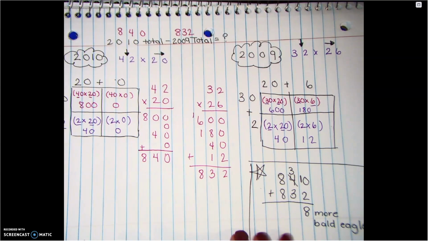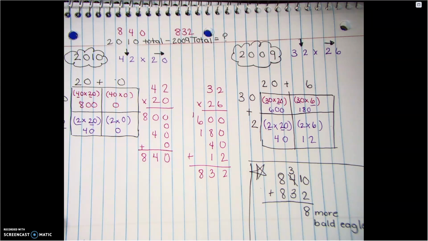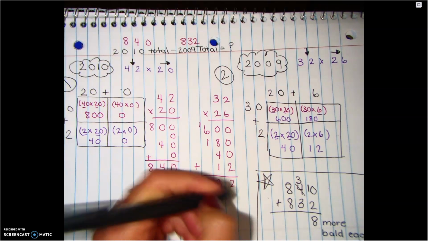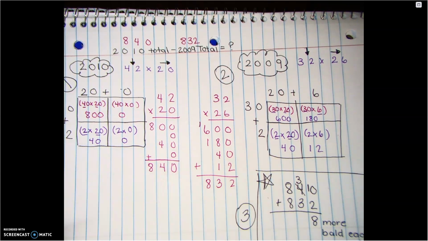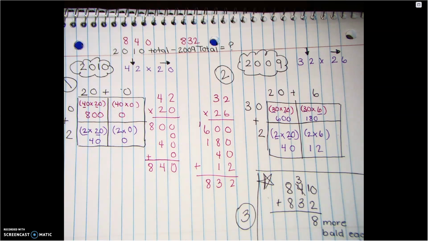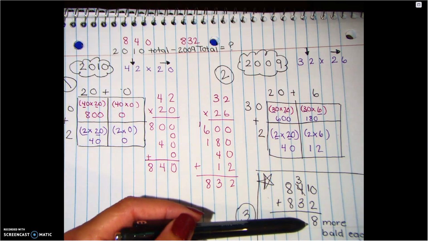Now, if we take a look at this, this was all the work for one problem. So we had step 1, step 2, and step 3 to find our answer. So as we work through these story problems, we need to make sure that we do all the steps to find the actual answer of what we know.